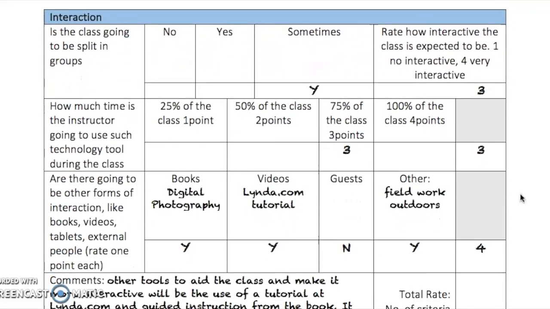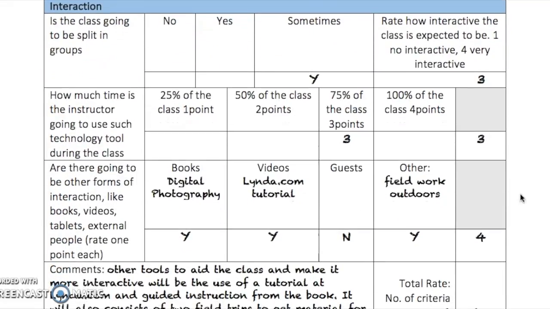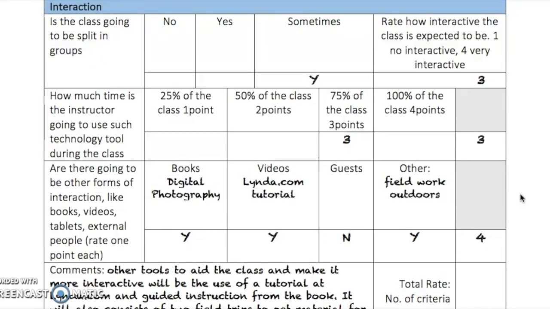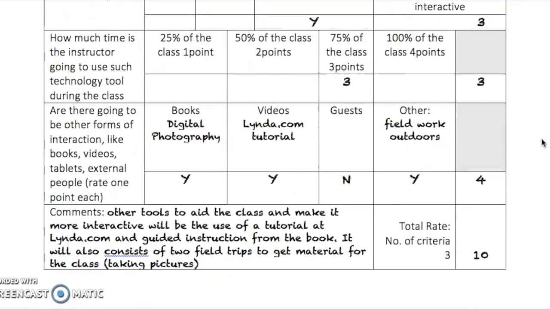Another category is interaction. Is the class going to be split in groups? Sometimes, but for the most part, they are going to work on their own. How much time is the instructor going to use such technology tool during class? It's going to be 70% of the class.